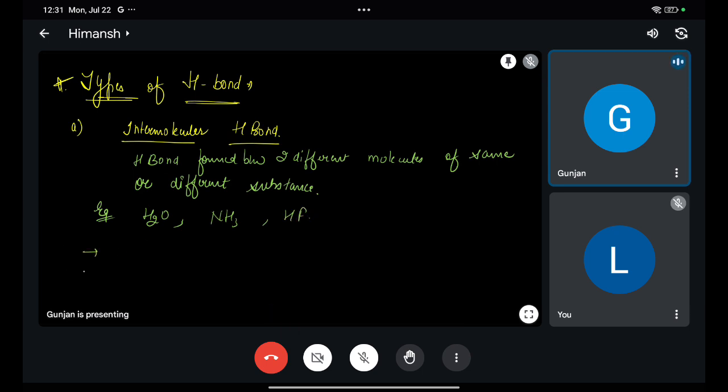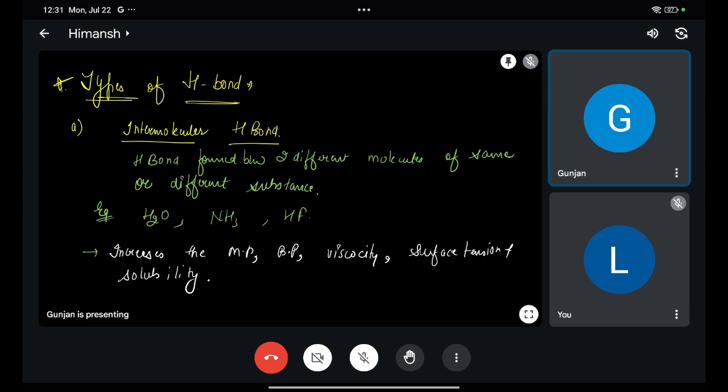Hydrogen bonding results in increased melting point, boiling point, viscosity, surface tension, and solubility.